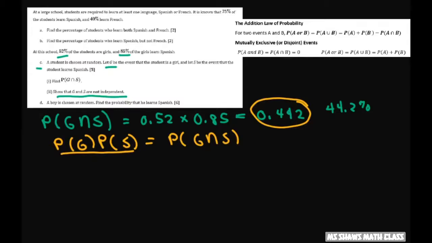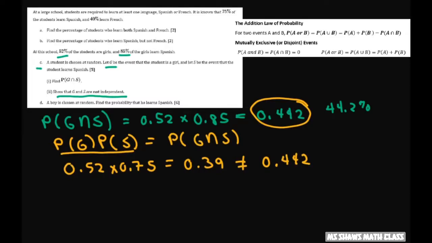Those two is going to be 0.52 times 0.75. And that gives us 0.39, which does not equal 0.442. So since they don't equal here, that means the events are not independent.